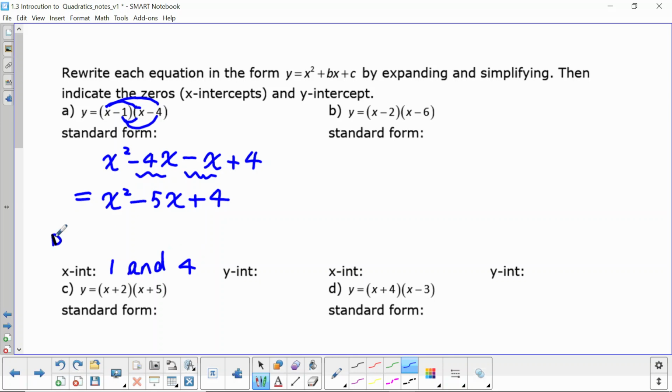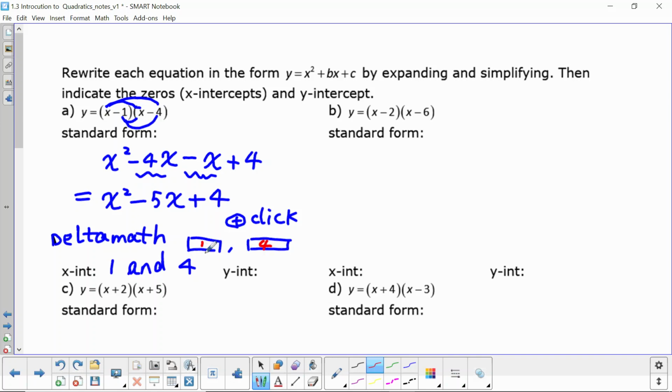On Desmos, you are going to type in, they have a plus sign, click this plus sign, then it will give you two boxes. Then inside the two boxes, you are going to type in 1, 4.